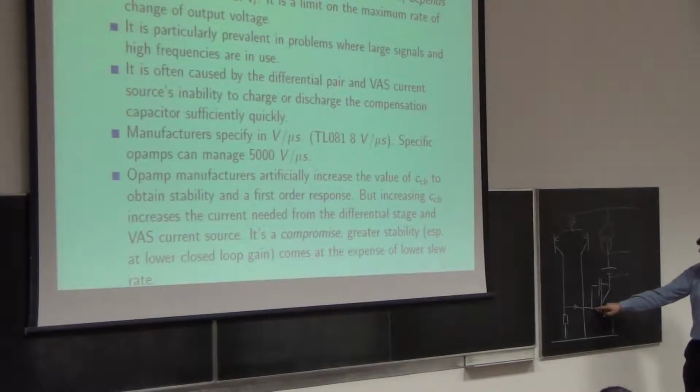We can't adjust the voltage on this node without putting some charge in this capacitor. If you, for a moment, say this node is stationary, and I want to change this node, I'm going to have to put some charge in here or take some charge out. And as I turn on this transistor, this node will start to move, and the current that has to be supplied will either come from or go up there.